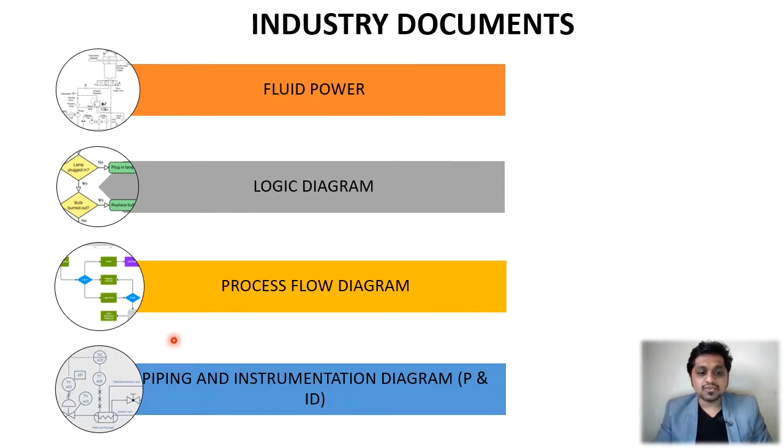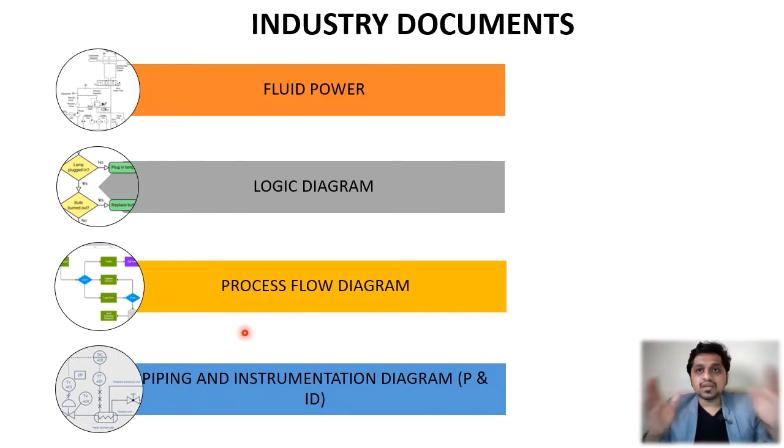And then the most important is the piping and instrumentation diagram, which is also called P&ID. In this diagram we mention the pipe sizes. If there is hydraulic piping, what is the size of the pipe, or if it is pneumatic piping, what is the tube size, right? Along with that we mention the sensors that are going to be used in our overall machine.